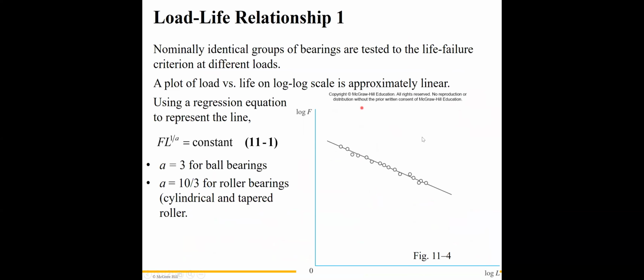So this is a recap of what we learned here. We can figure out the linear function experimentally by plotting on this log scale. And we can define FL to the power of 1 over a equals a constant.